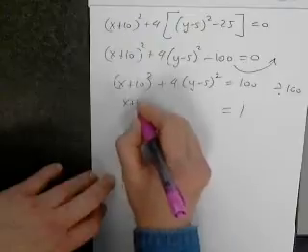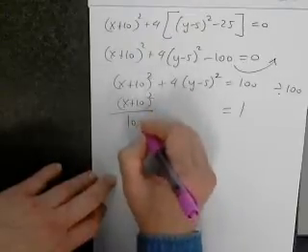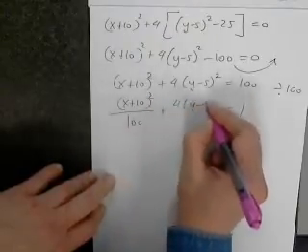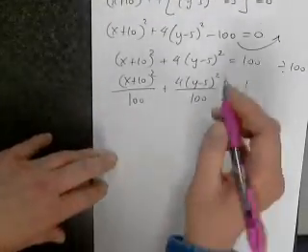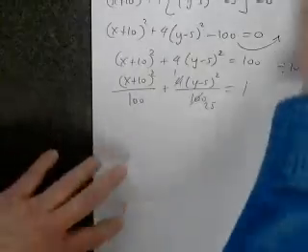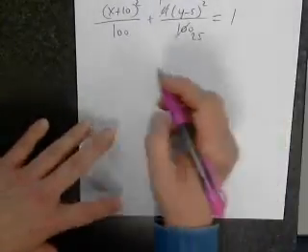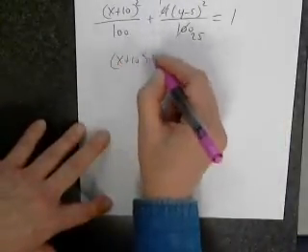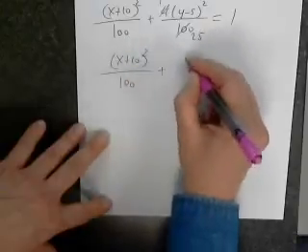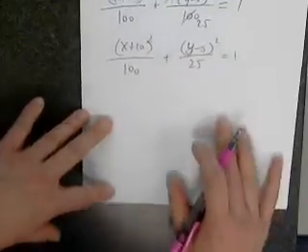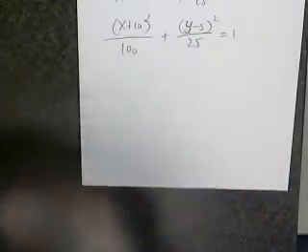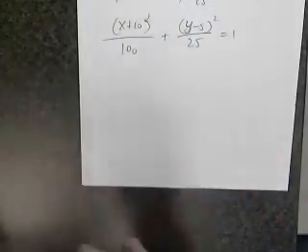So this is x plus 10, everything squared over 100, plus 4 times y minus 5 squared over 100, and I have to simplify. I get 25. So x plus 10 squared over 100 plus y minus 5 squared over 25 is 1, which makes it clearly an ellipse.